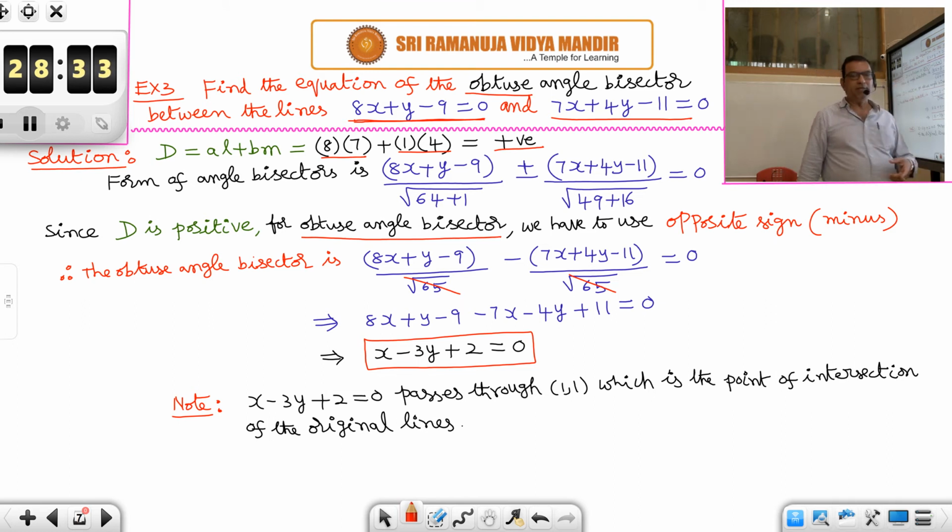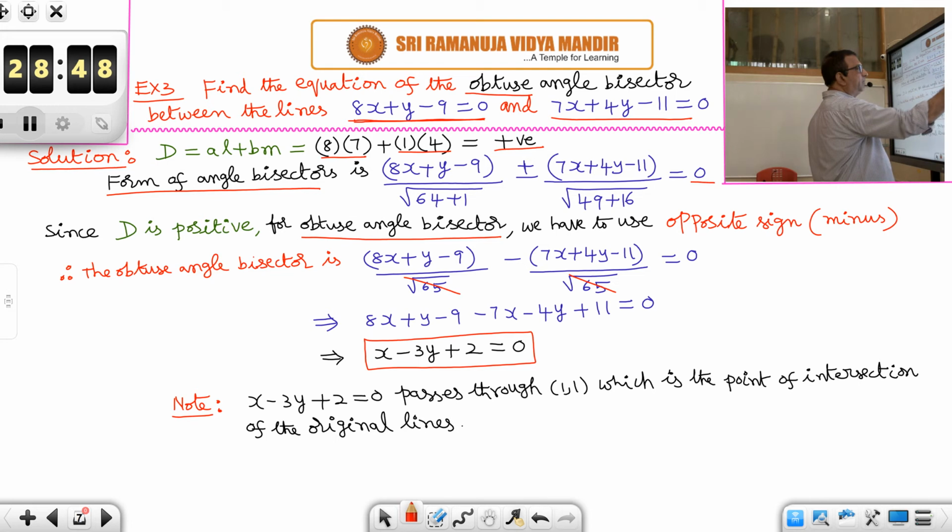Therefore, for obtuse angle bisector, which sign is to be used? The opposite sign. That is, minus sign is to be used. In which form? How to take the angular bisectors? Both lines on the same side or opposite side?